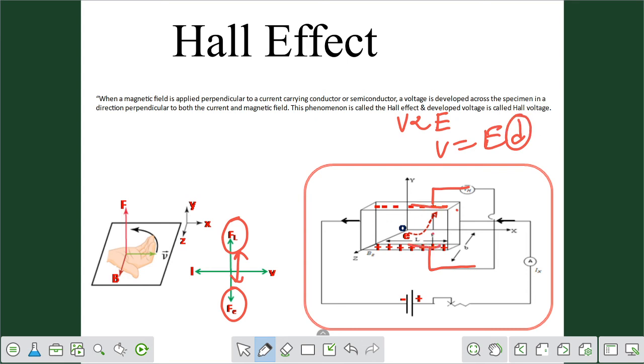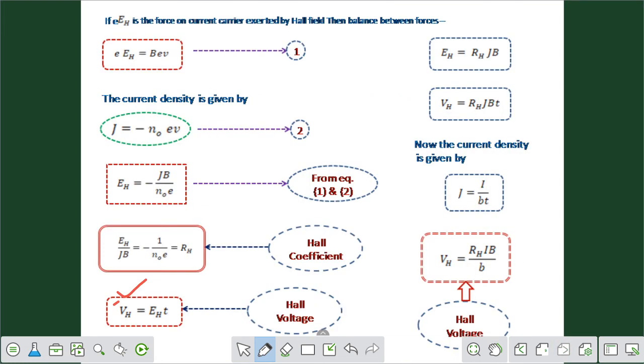Here I am taking the distance as small t between these plates, so the formula will be VH is equal to EH t. Here the potential difference I am taking is the Hall voltage.